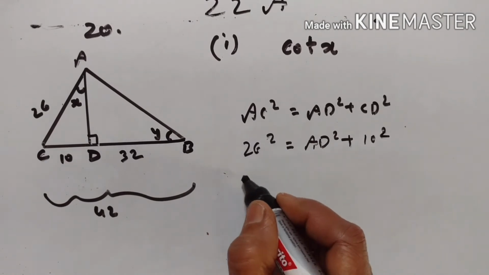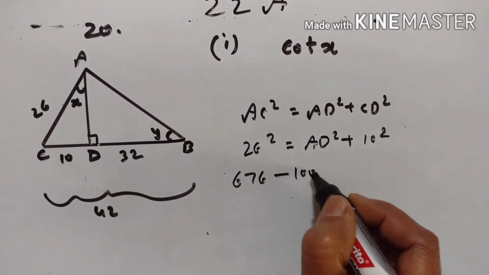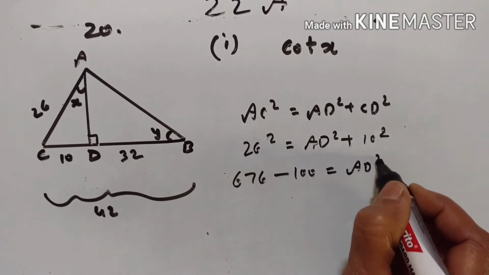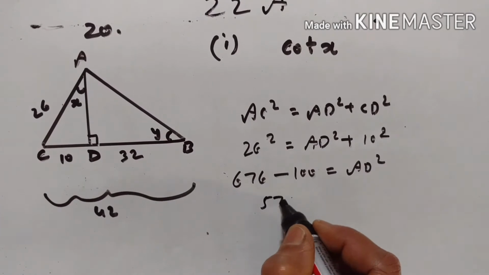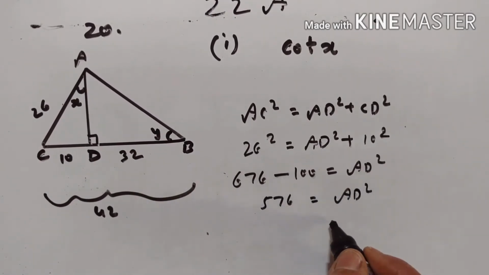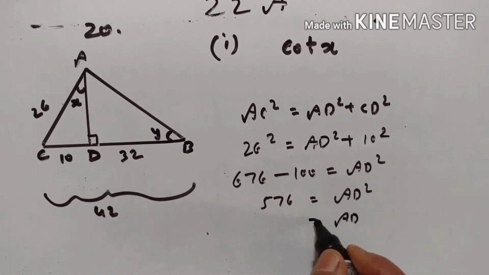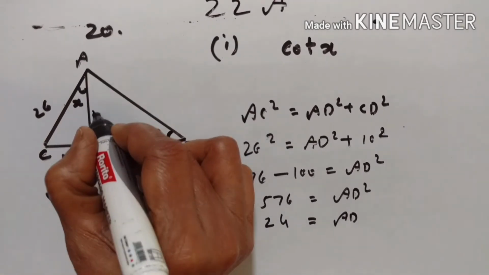So 26 square is equal to 676, minus 10 square, which is 100, is equal to AD square. 676 minus 100 is equal to 576, is equal to AD square. Therefore, AD is equal to square root of 576, is equal to 24. Therefore, AD is equal to 24.